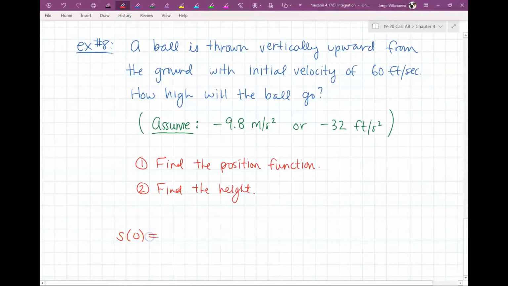So S is our position function, just so you know. So actually, before I write that down, just so you guys know, S of t is a position function with time as the main variable, okay? So S of t is our position function.